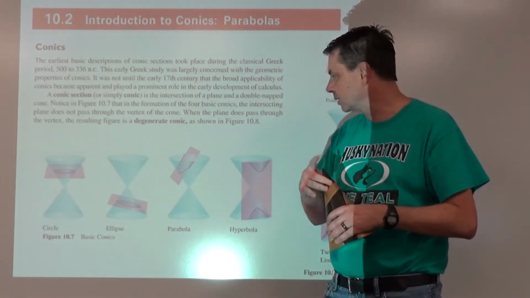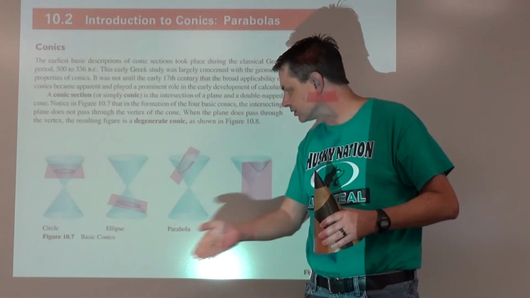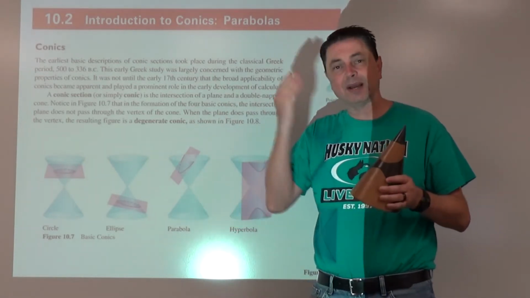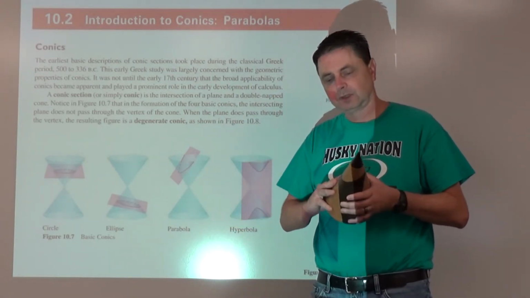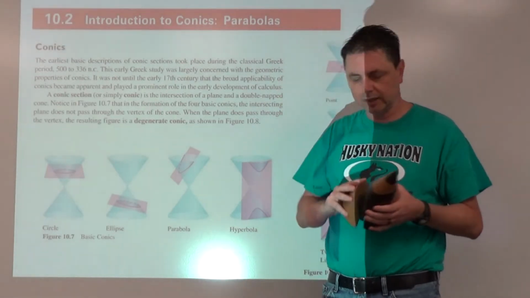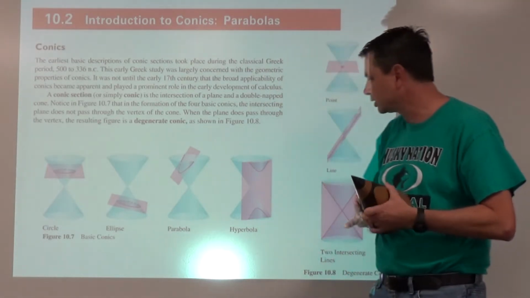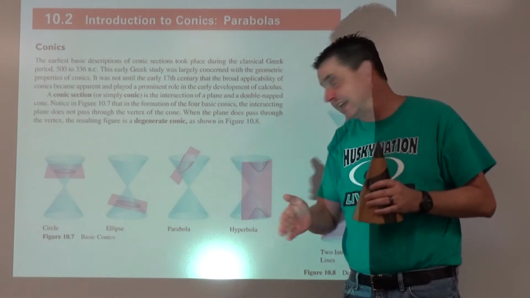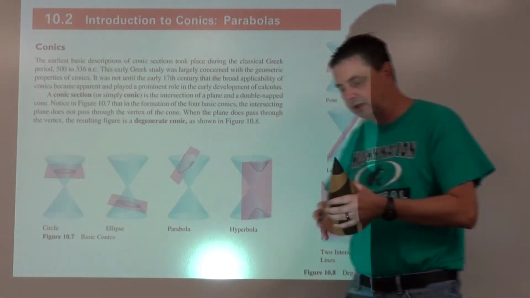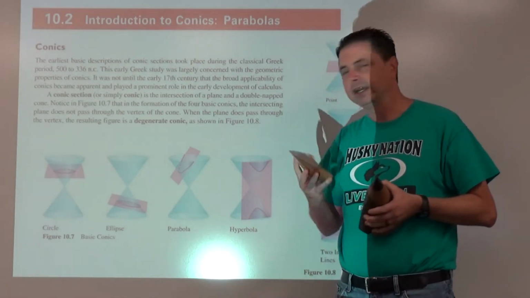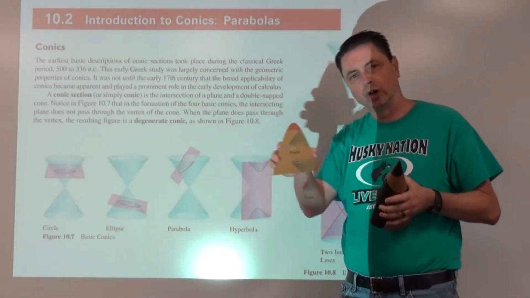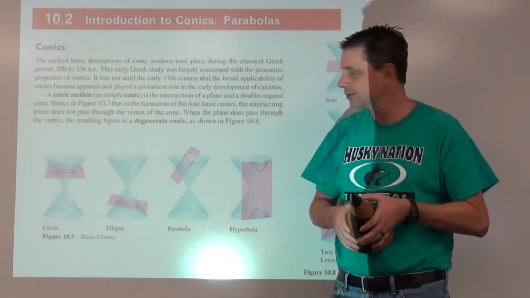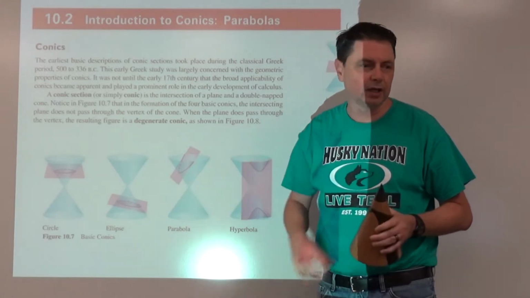And the one that we're going to talk about today is if we slice through and it passes through the base, then we're going to get a parabola. And later we'll talk about if we slice it straight down, don't pass through the center, then we're going to get a hyperbola. And there are two parts to that called two branches. We're going to focus on parabola today.